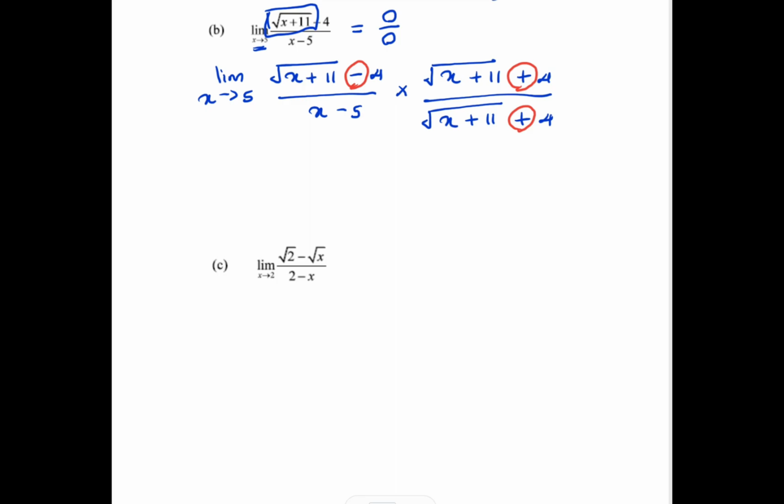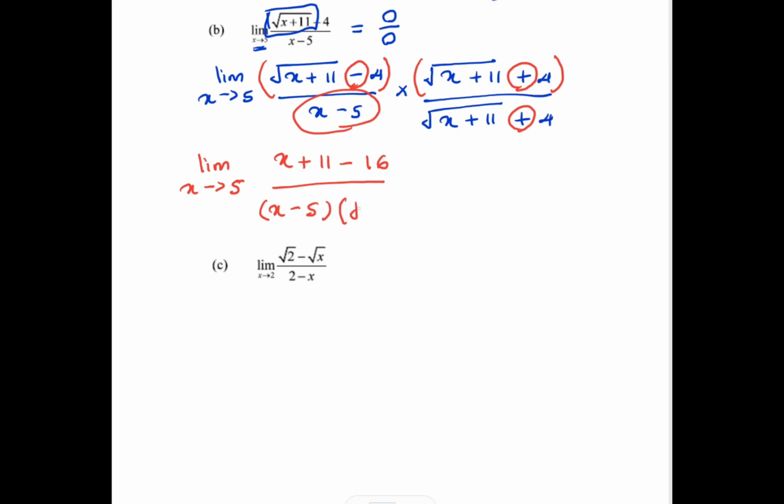Since your conjugate is placed at the numerator, you only expand the numerator. Your denominator no need to expand because we want to simplify with this value. Since this one involves a conjugate, we can expand directly. So we get x plus 11 minus 16 divided by x minus 5 times square root of x plus 11 plus 4.